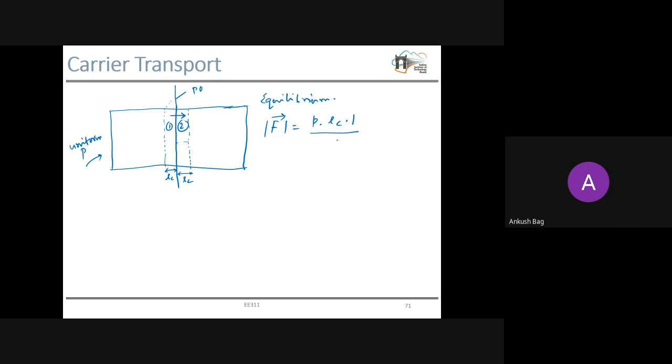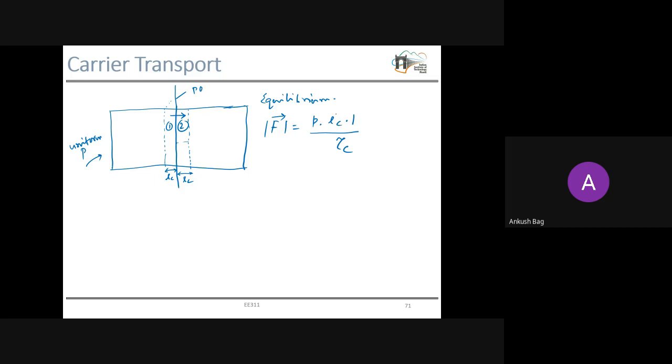So per unit time, how many carriers will cross from 1 to 2? This will be the flux.